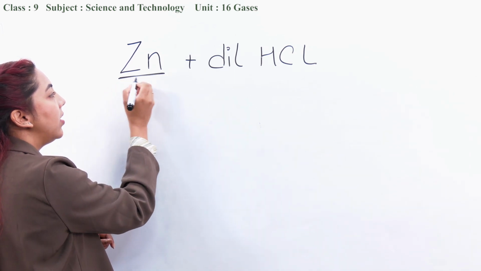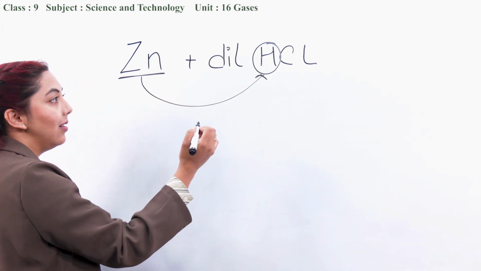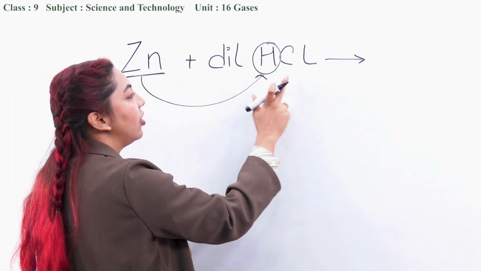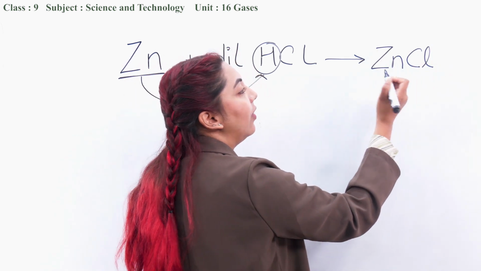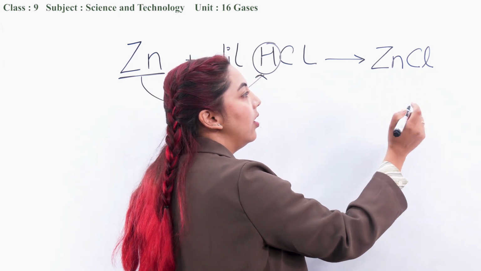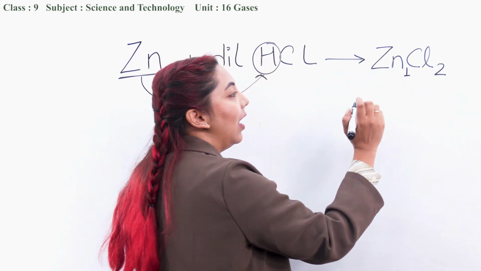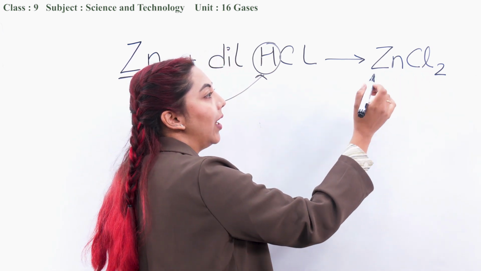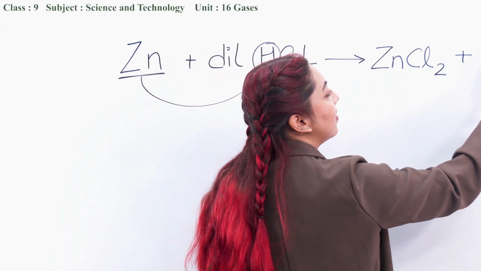Because the zinc metal will displace the hydrogen present in the acid, and this zinc metal will displace the hydrogen and combine with chlorine. Now, the valency of zinc is 2 and the valency of chlorine is 1. So, after valency exchange, it becomes like this. Now, you should not write 1. So, it forms zinc chloride, ZnCl2, plus the hydrogen that is displaced.